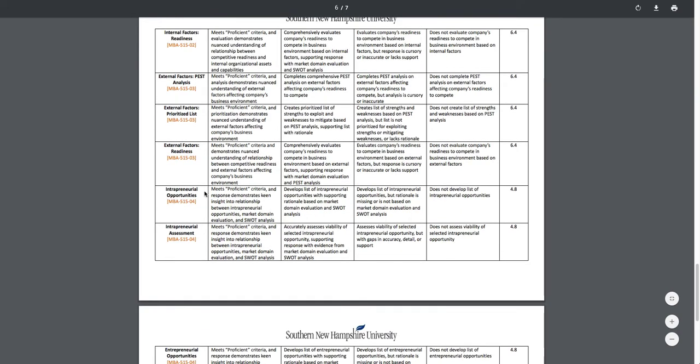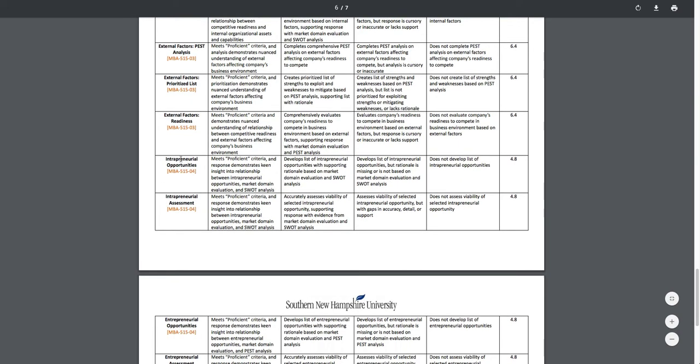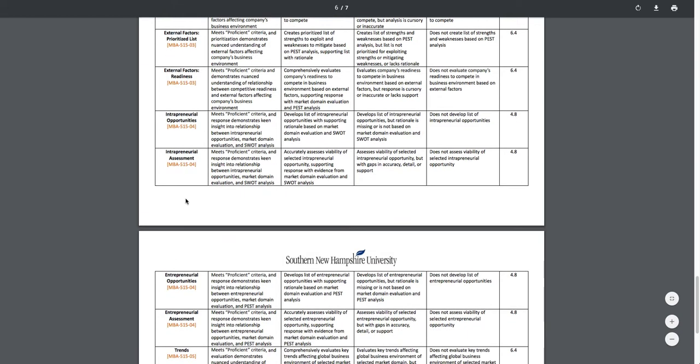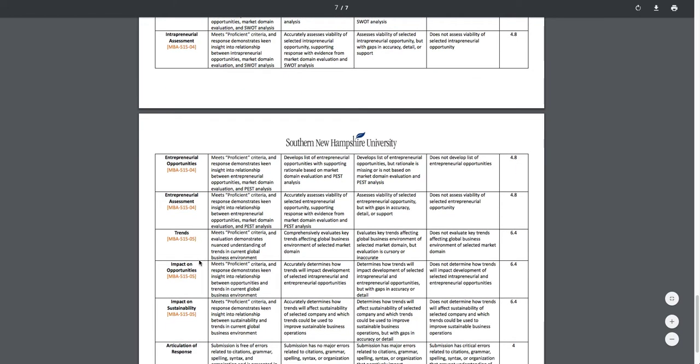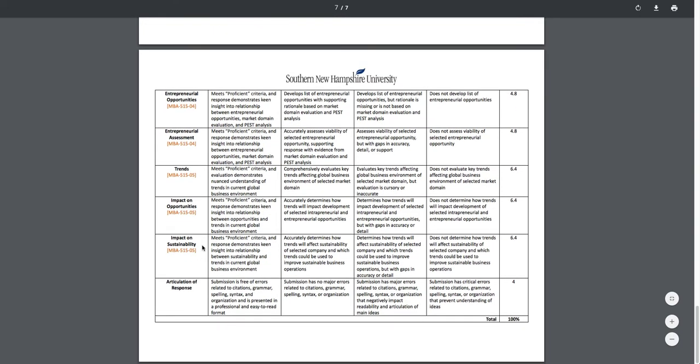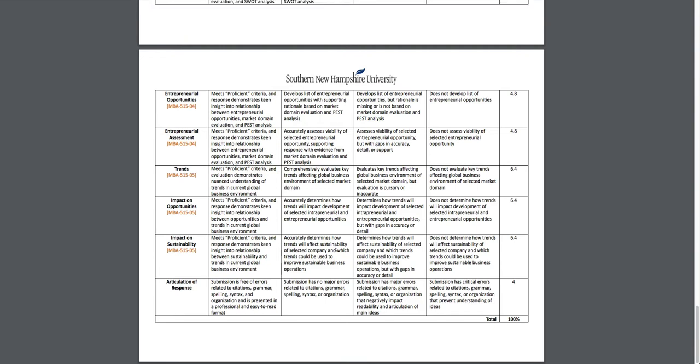You'll recognize these headers from the earlier papers: entrepreneurial opportunities, entrepreneurial assessment, and most impact on sustainability. This is often missed. Tell us how your company is going to sustain. What makes you think your company will still be around?